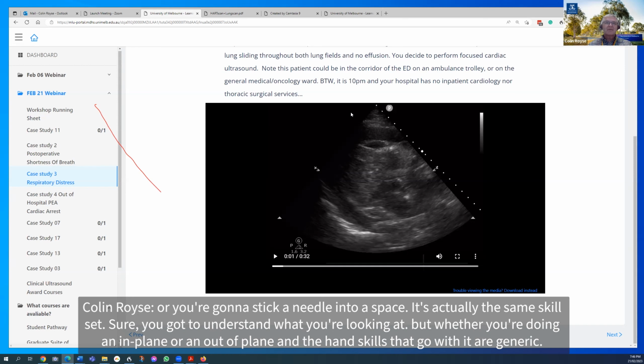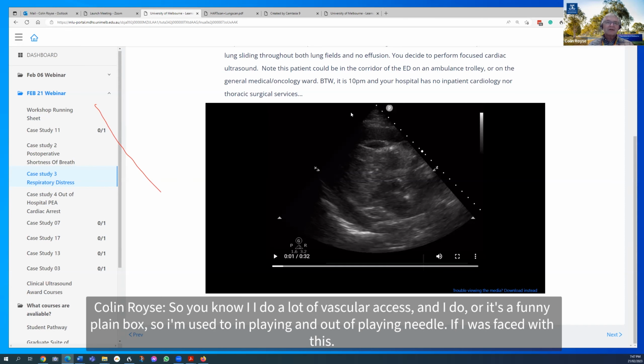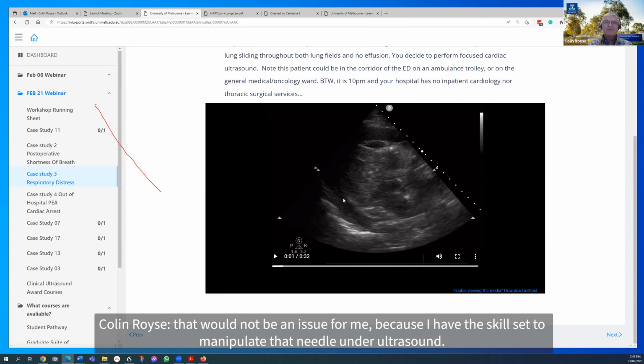Sure, you've got to understand what you're looking at, but whether you're doing an in-plane or an out-of-plane, the hand skills that go with it are generic. So I do a lot of vascular access, and I do erector spinae plane blocks. So I'm used to in-plane and out-of-plane needling. If I was faced with this, that would not be an issue for me, because I have the skill set to manipulate that needle under ultrasound.